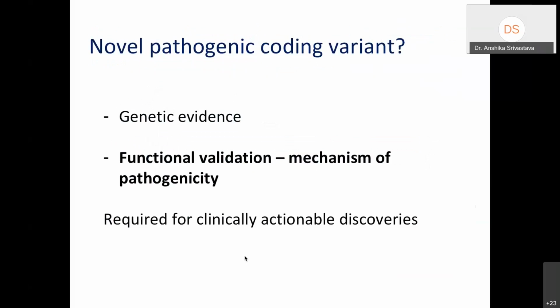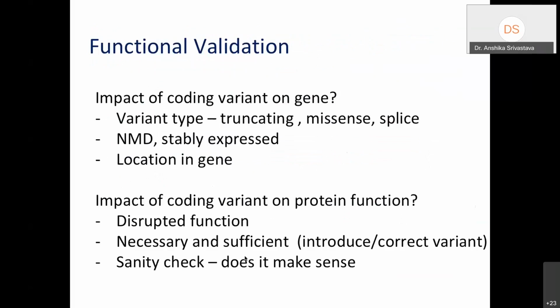So now we move on to functional validation, that is, the mechanism of pathogenicity. We start with the impact of the coding variant on the gene. What type of variant is present? Is it truncating, missense, splicing, nonsense mediated decay, stably expressed, location in the gene?